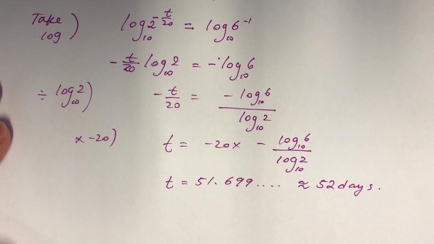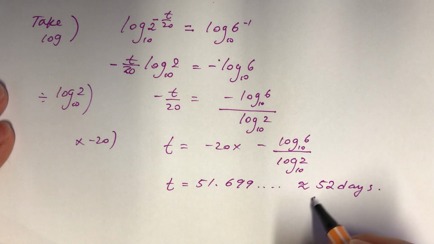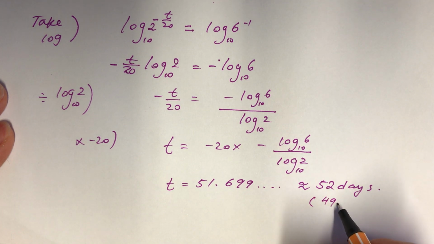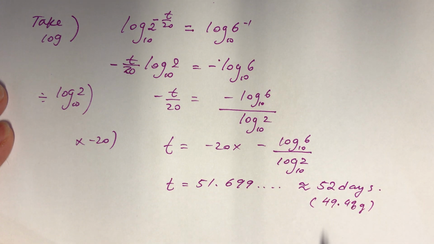If you put a check, if you put that in, you'll get 49.48 grams. So it's not quite 50. It's actually about 51.7 days that will give us 50 grams, but roughly 52.